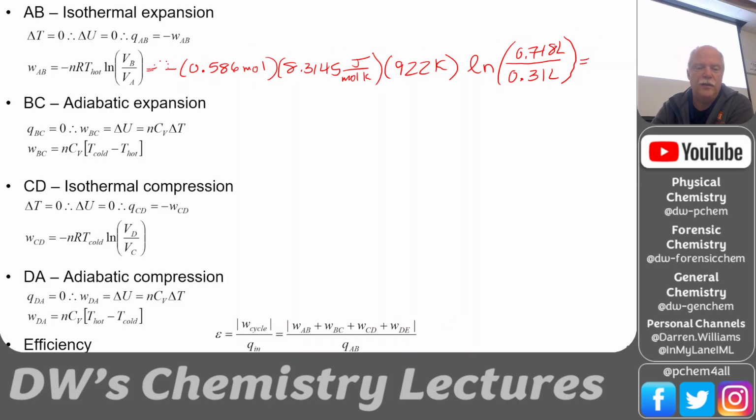And we can't forget this minus sign way out front. So 0.718 divided by 0.31, natural log. I get 0.84 for the natural log. Times 922 times 8.3145 times 0.586.